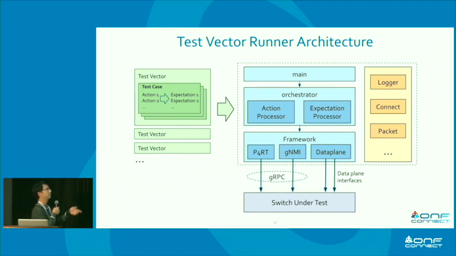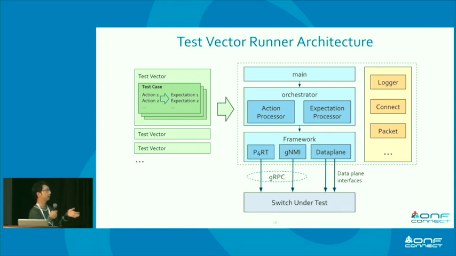So you have seen this in the previous slide. I think this diagram is giving you more details of the test vector runner. Basically, the test vector runner reads from one or multiple test vector files and compiles them with an orchestrator by processing various actions and expectations.